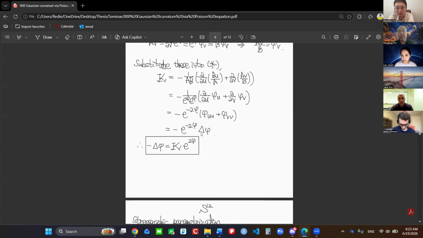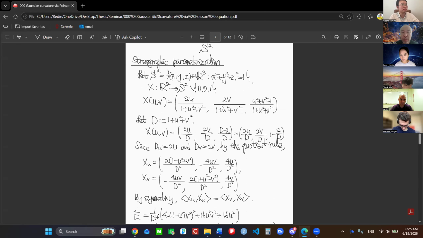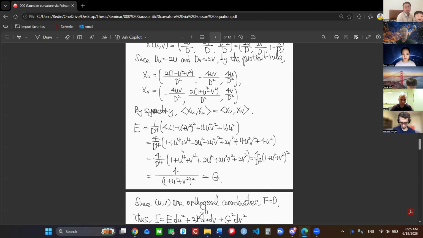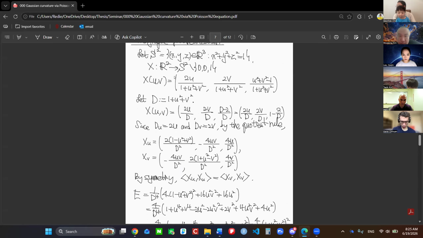So let's take a look at the example. We already saw this S2, this part, before. So I'm going to continue the rest. So let's take a look at this first. In this parameterization, x coordinate, y coordinate, and z coordinate, the numerator is different.